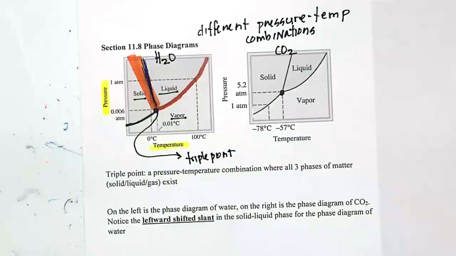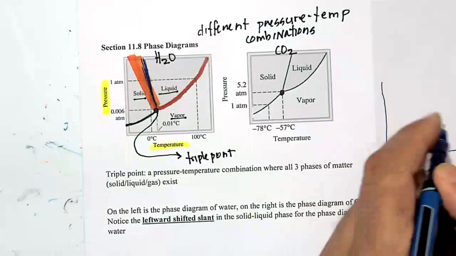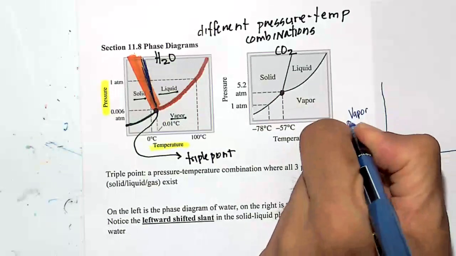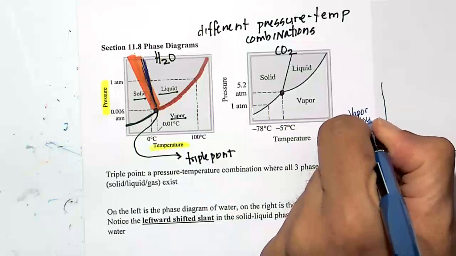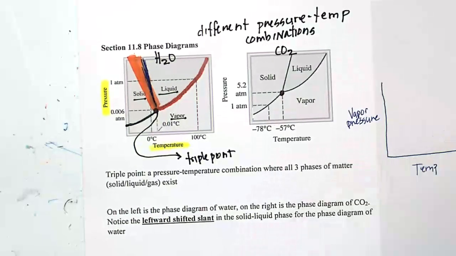And another thing I want to tell you, I do not know if you remember, but we had a graph, or maybe we did it because of the snow days. We have a graph where you have vapor pressure and temperature on the x-axis. Let me see if I can pull that up here in our notes.